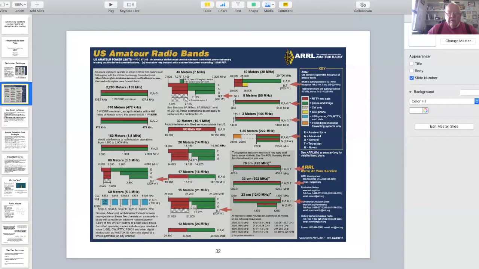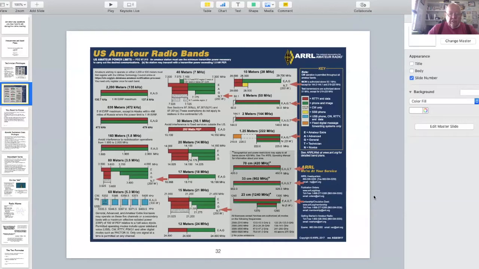Probably 95% of technician class license holders operate on the 2 meter or the 70 centimeter bands using FM and repeaters. Of course, that's fine, as there is plenty of activity and value there. Just know that there are more opportunities when you're ready to try something new.